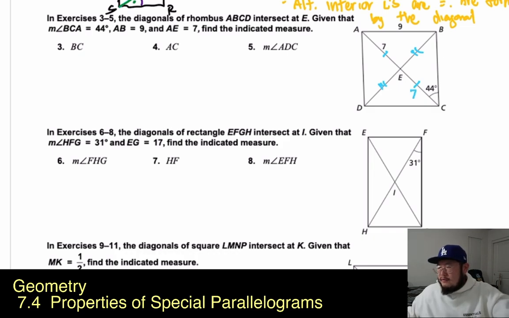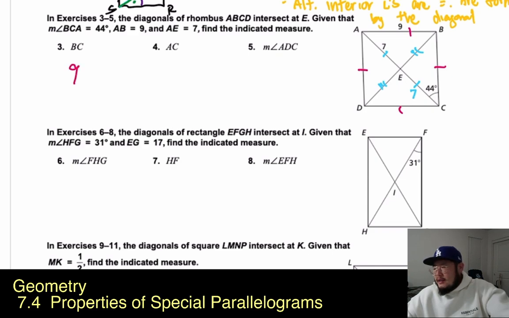Based off of one of our main characteristics of a rhombus, remember, all sides are congruent. So if we know that AB is 9, then B to C is going to be 9 as well. Remember, all sides congruent.